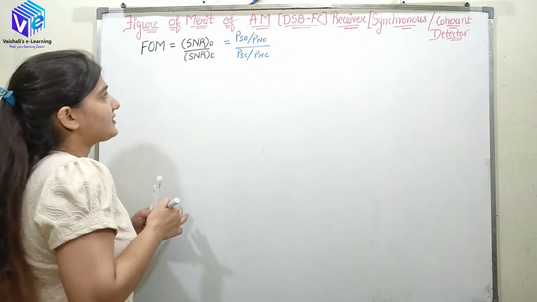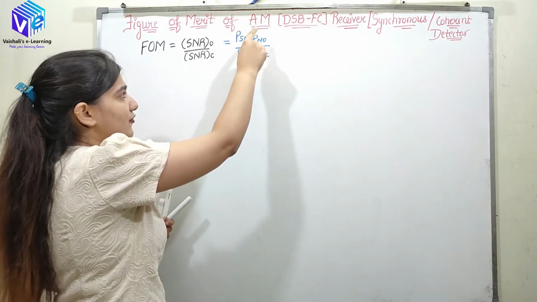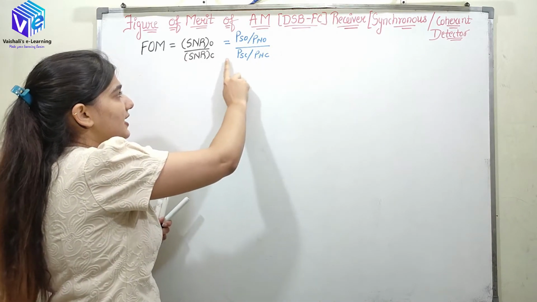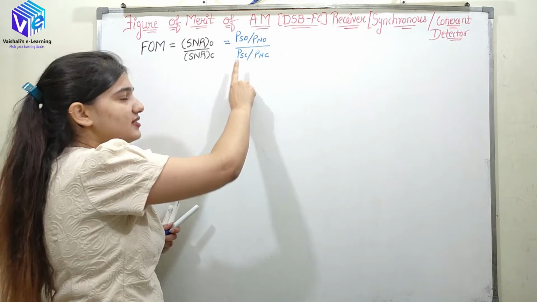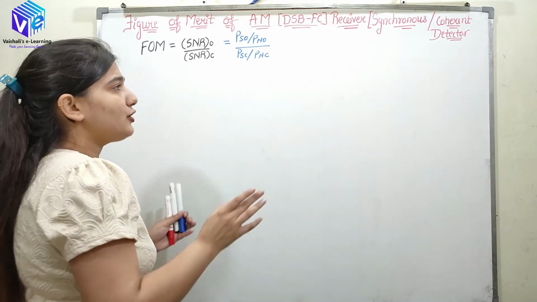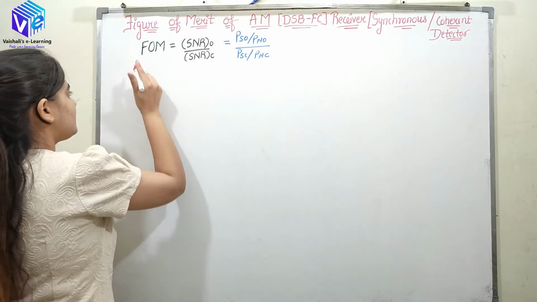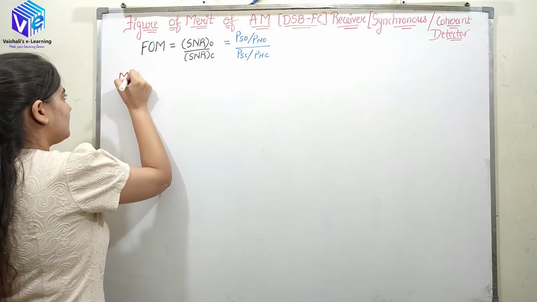Now here SNR at the output is given by the power of the signal at the output divided by the power of the noise at the output, and SNR at the channel is given by the power of the signal at the channel divided by the power of the noise at the channel. Now coming to the synchronous detector, we'll see its structure first.